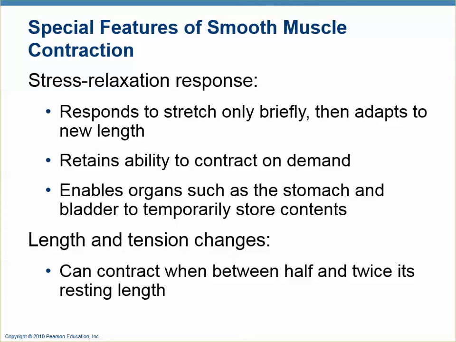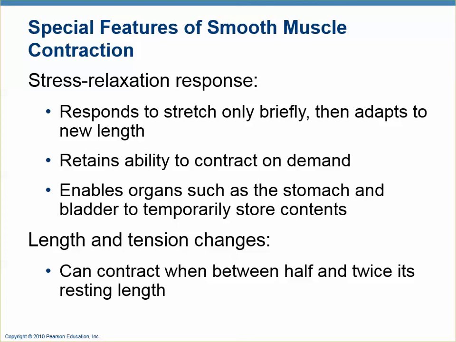When we look at skeletal muscle, we say that the optimum contraction is from 20% longer than resting length to 20% shorter than resting length. So you get about a 40% change, from 120 to 80.